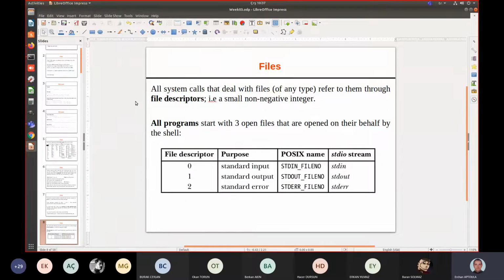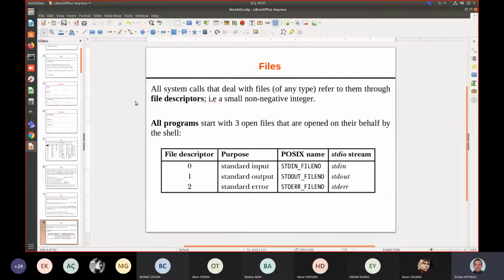Now, what about the programming part? Let's get to that step by step. In a POSIX compatible system, we open the files, of course, by using their file names, but once they are opened, we only manipulate them by using the file descriptor returned by the open system call.